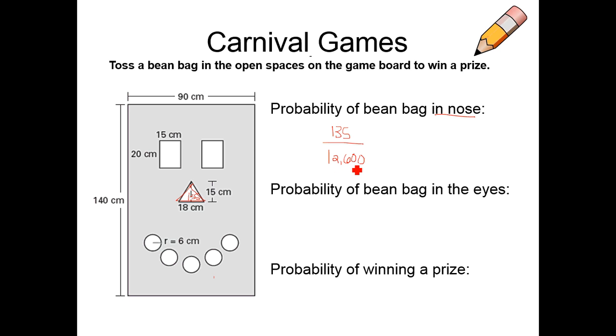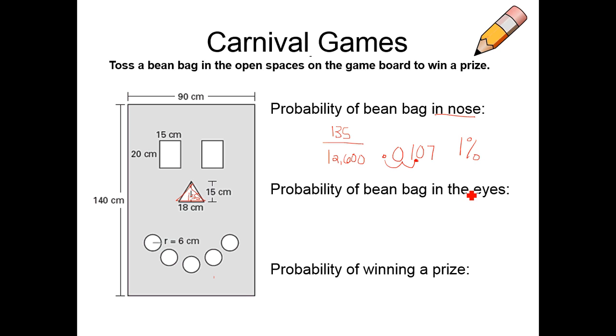So if I take 135 divided by 12,600, let's see, we get 0.0107. And if I move that decimal place over 2, I get about 1%. That's a pretty small chance of landing into the nose with a beanbag.